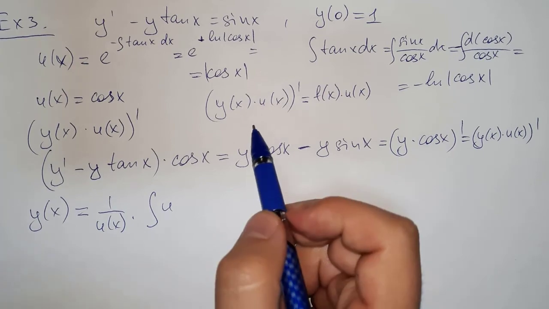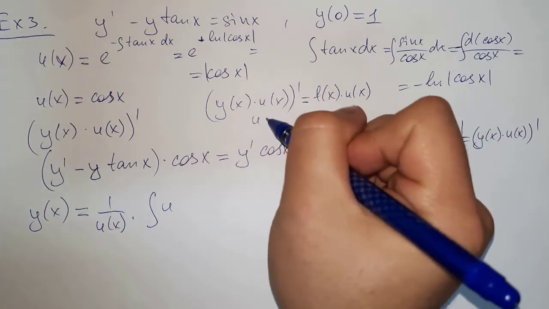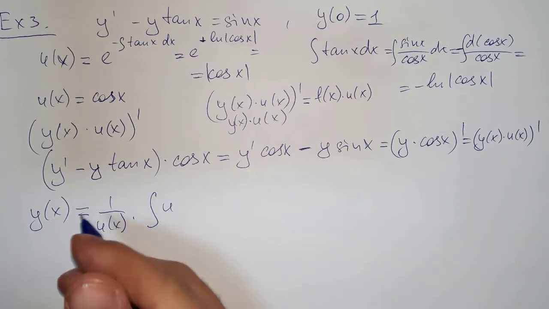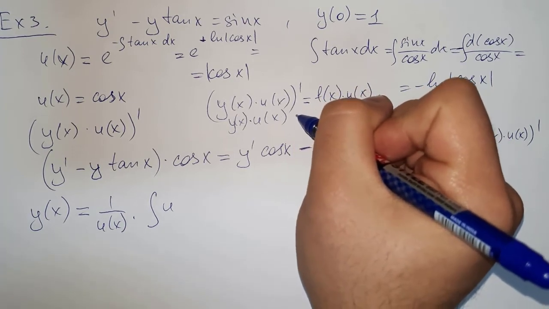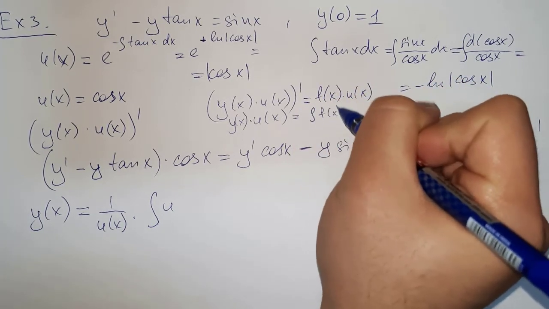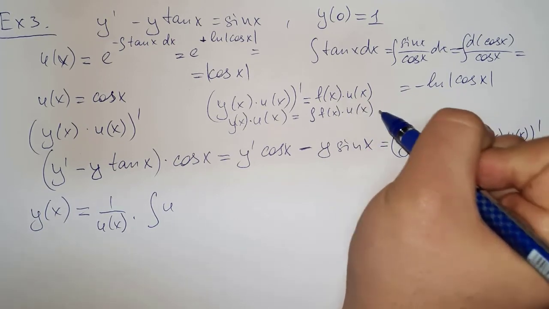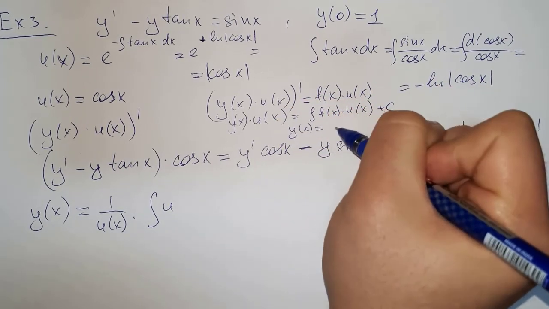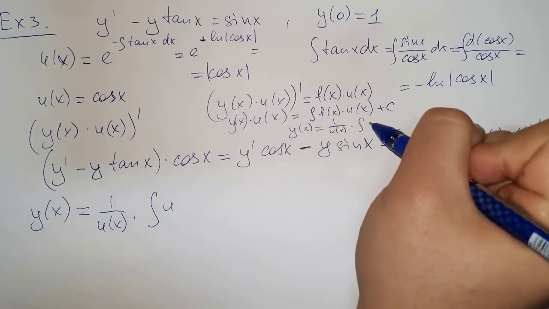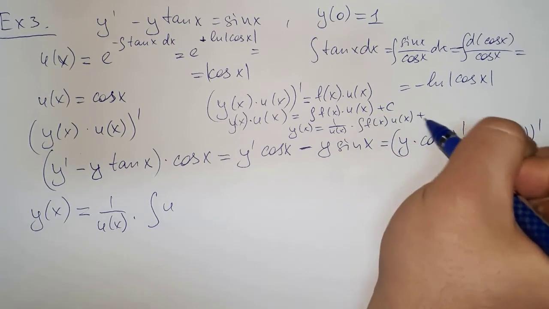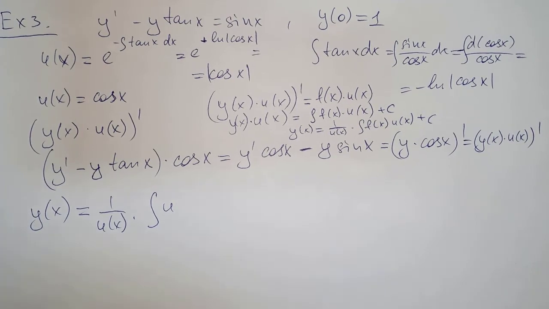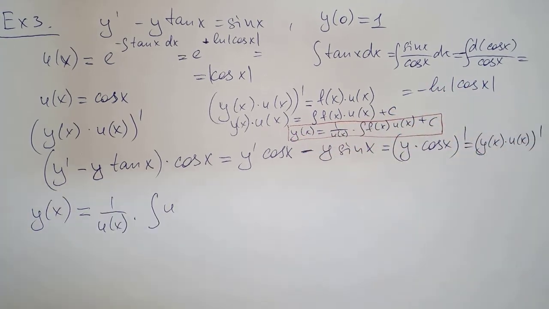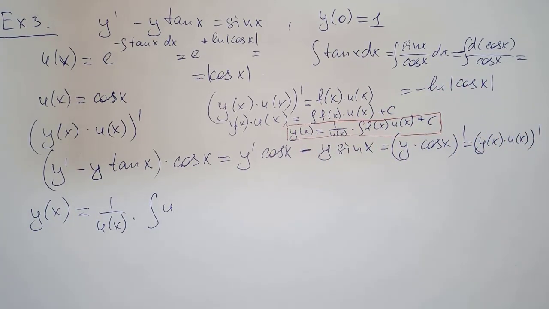Now to find y of x u of x, how do we get this general solution with y? I will show here. It will be the integral of f of x u of x, plus c, of course, and dividing by u, it will be 1 over u of x times the integral of f of x u of x plus c. This is the general solution. By this way we will get our general solution.